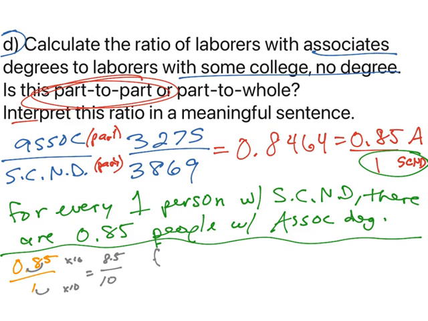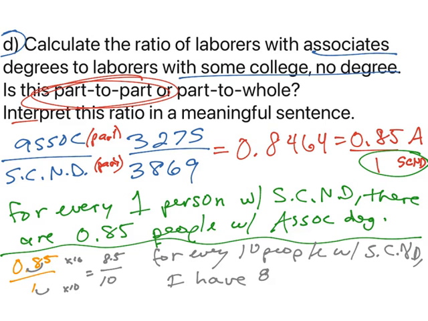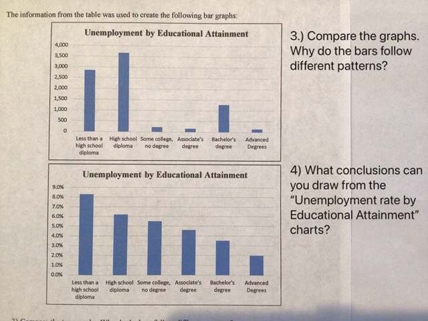So that means for every 10 people with some college, no degree, I have between 8 and 9 people with an associate's degree. And that is a little easier to see. We call this scaling up. It's a little easier because then you can picture 10 people. You can picture 8 or 9 people. You can't really picture 0.85 of a person.